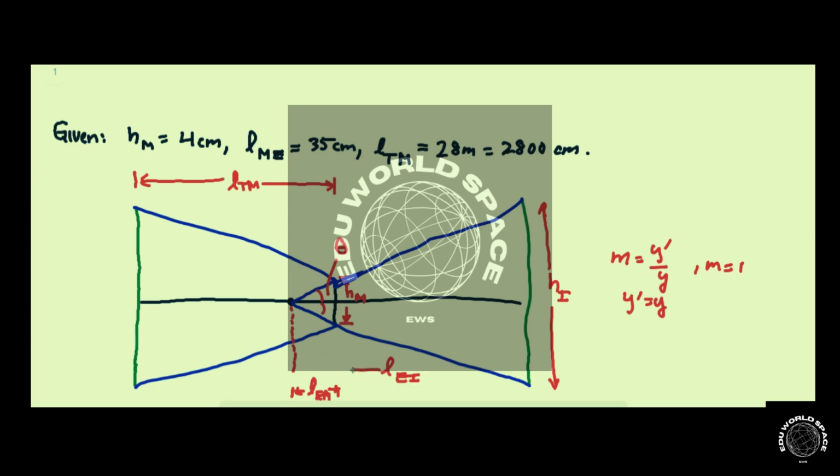Okay, so I'm just going to draw these two triangles on the next page, but let's be clear that we understand that this height is half of the image height, and this height here of this black line will be half of the mirror height.